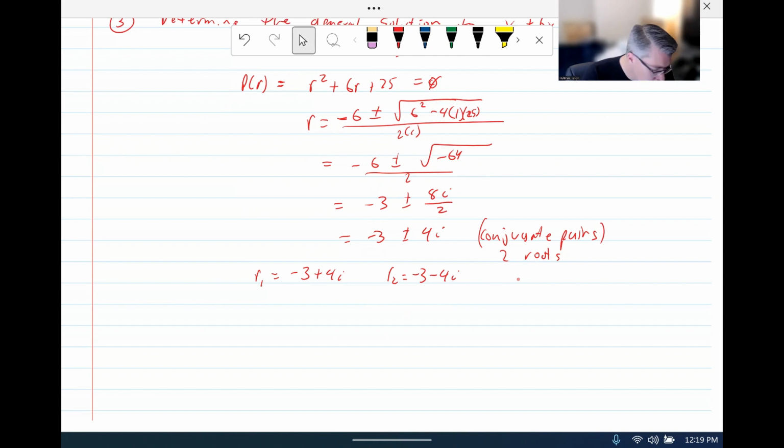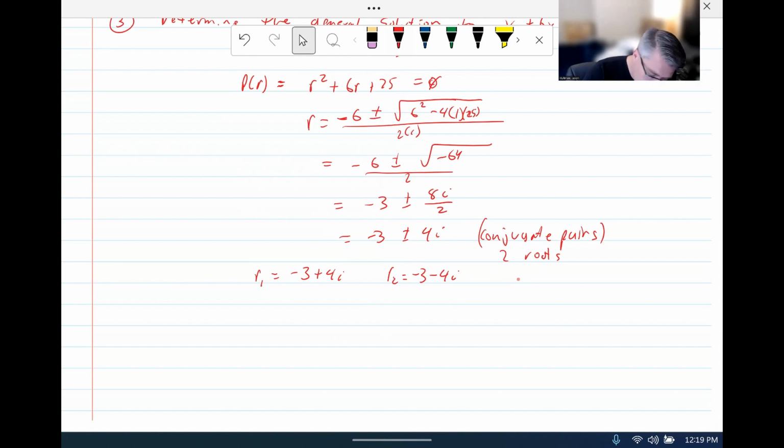Okay, for this, I'm going to use De Moivre's equation. Okay, or De Moivre's formula.